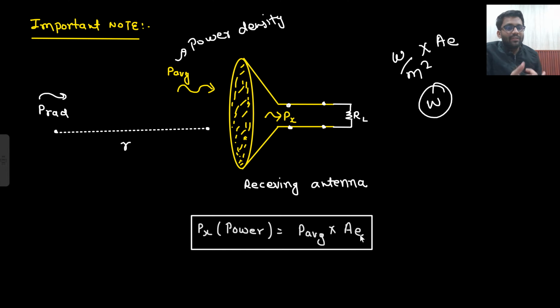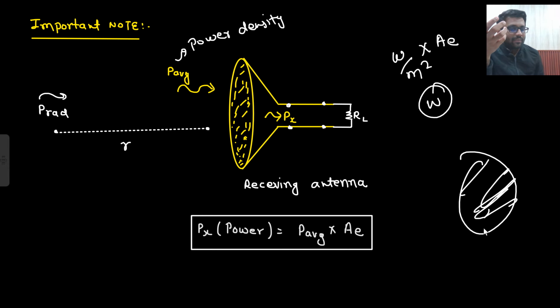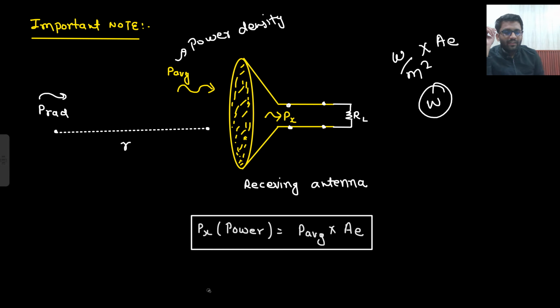No, it will be multiplied with effective aperture area. Why is that so? Because effective aperture area is capturing the power effectively. The complete area is not available to capture the power, only effective aperture area is available. So till this point what we have seen is that we will have some P in, from this P in some power will be radiated, and at some distance R we will have some P average.